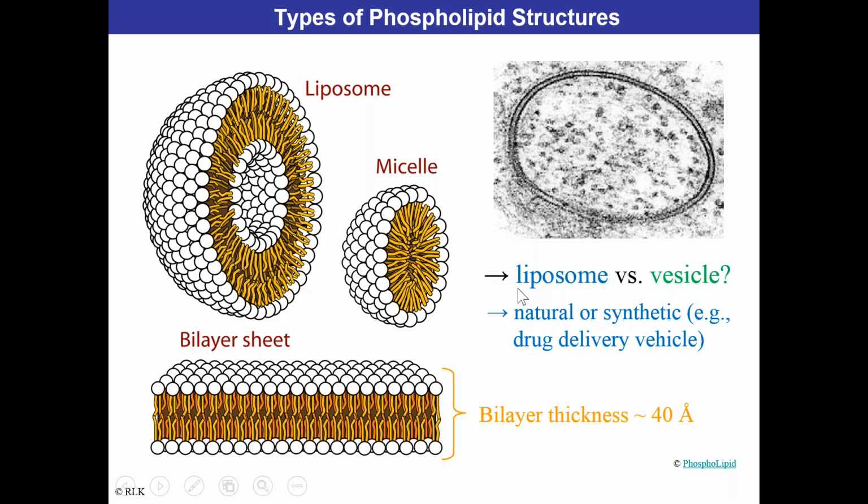Well, a liposome would be considered to be either natural or synthetic in origin. So liposomes are often thought of as a potential carrier for drugs in order to get into the body and then deliver the payload at the target site. The polar head groups in the middle here would help to hold something that is polar in nature, or be able to respond to those polar head groups.